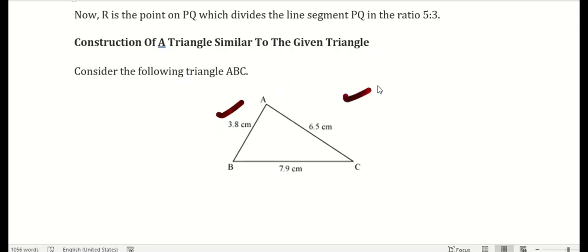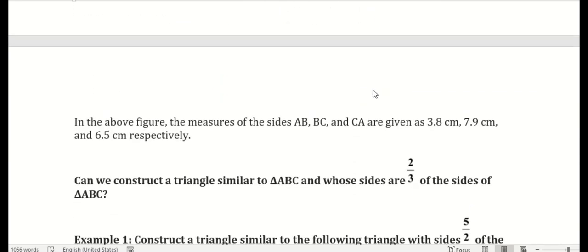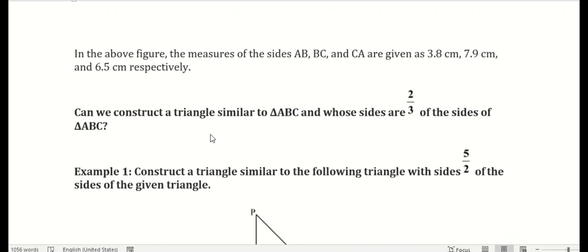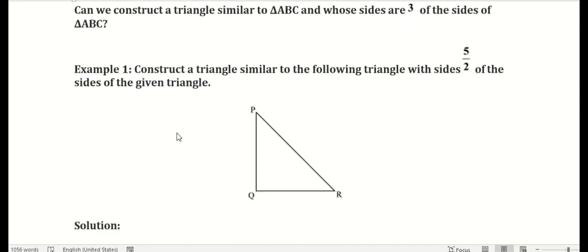I hope it is very helpful to you. Now let's see. In the figure, the measure of the sides AB, BC, CA are given like this one respectively. Can we construct a triangle similar to triangle ABC and whose sides are 2 by 3 of the sides of the triangle ABC? Example you can see.